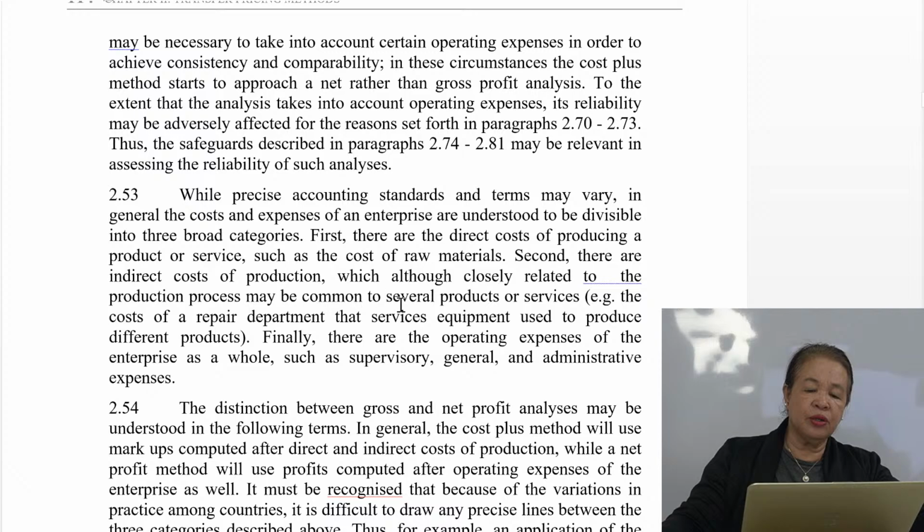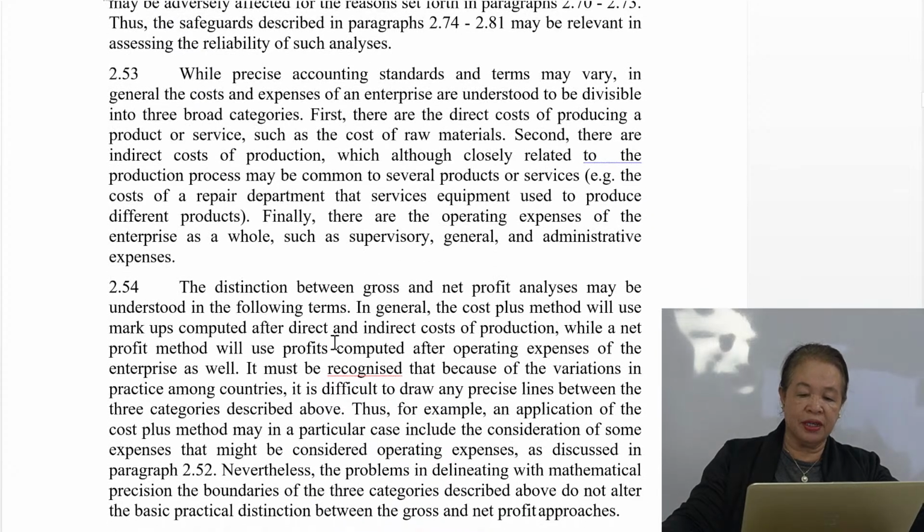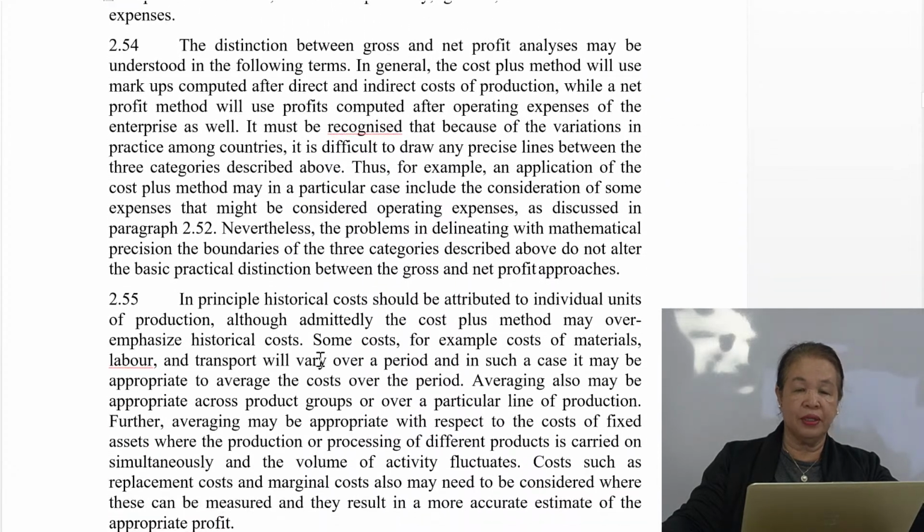The distinction between gross and net profit analysis may be understood in the following terms. In general, the cost-plus method will use markups computed after direct and indirect costs of production, while a net profit method will use profits computed after operating expenses of the enterprise as well.